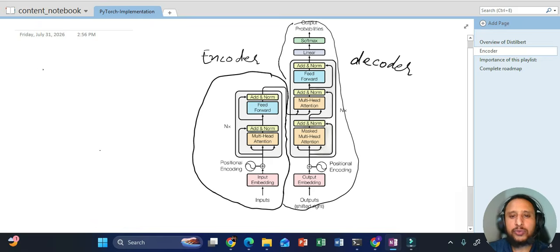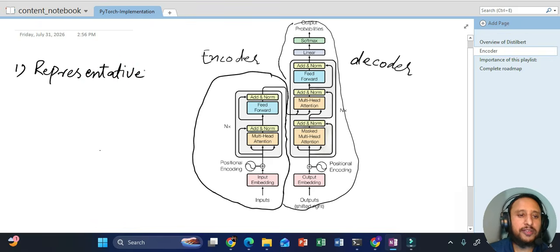Okay, so nowadays in the market we see two main categories of the LLMs. Okay, the first one is representative models, or representation models, you can say. And the second one is generative models.